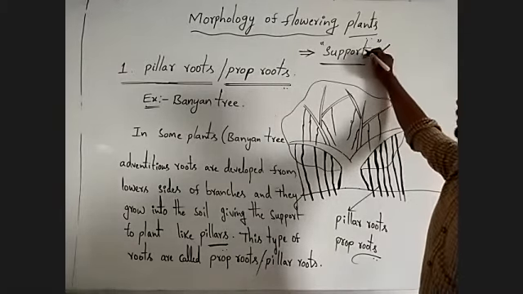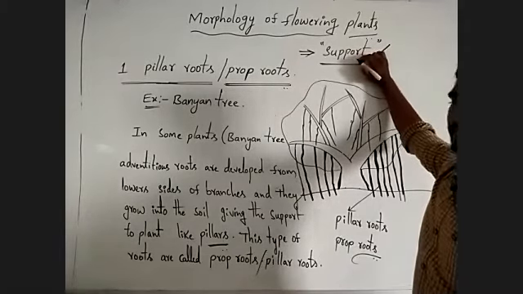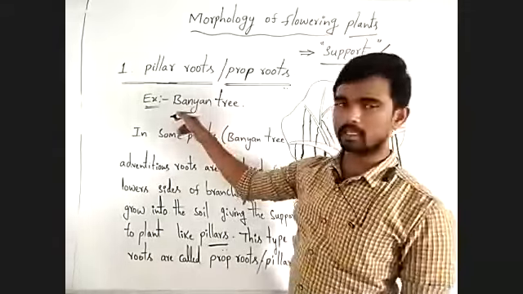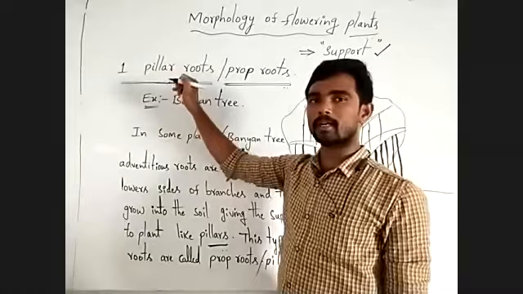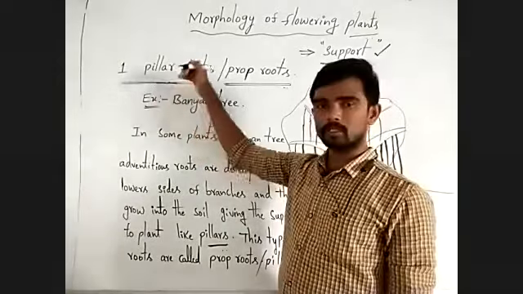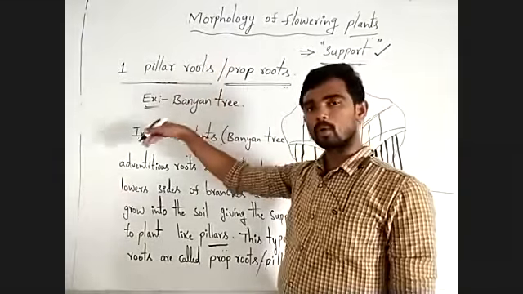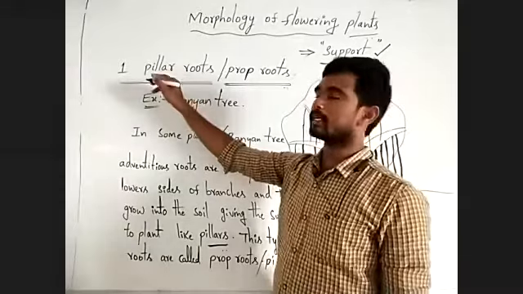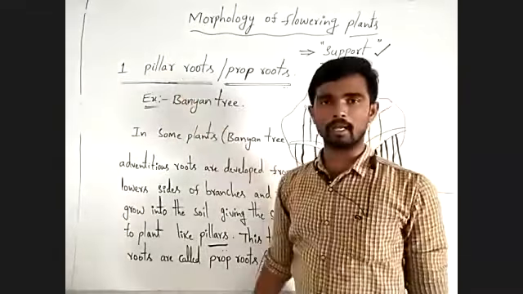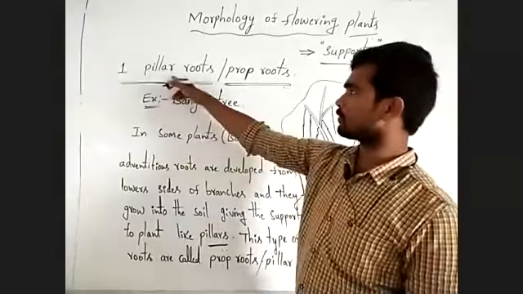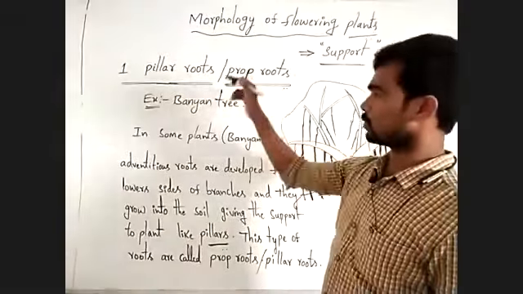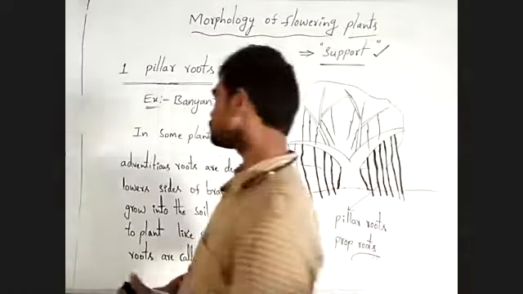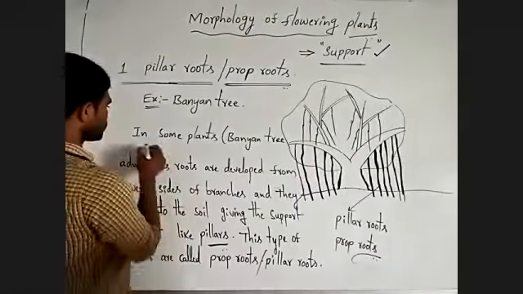To perform the additional function in banyan tree, some special roots are developed and grow into the soil, giving the support to the plant. These type of roots are called pillar roots and prop roots.